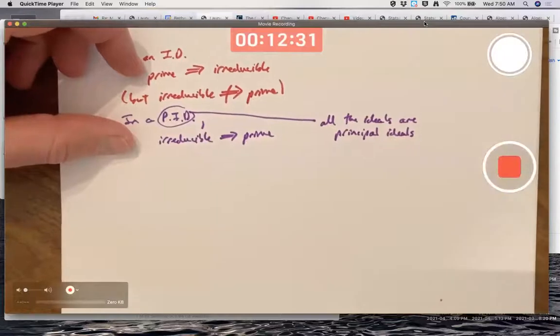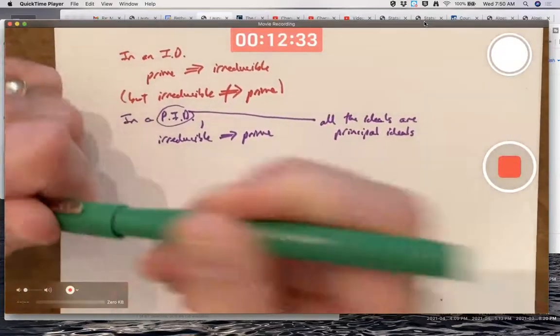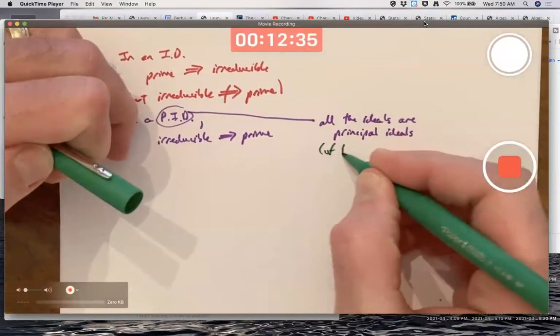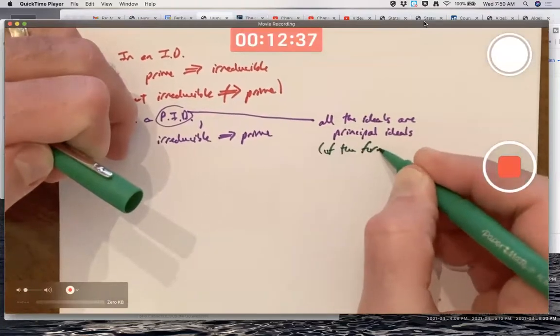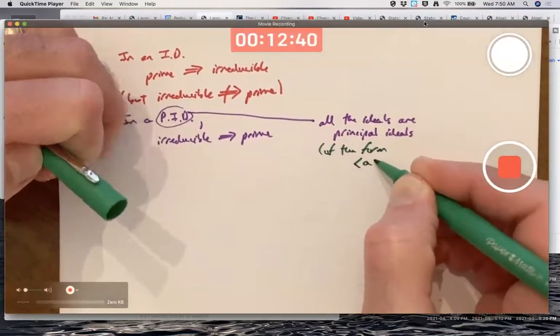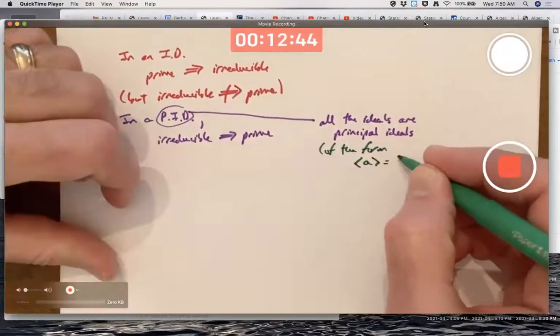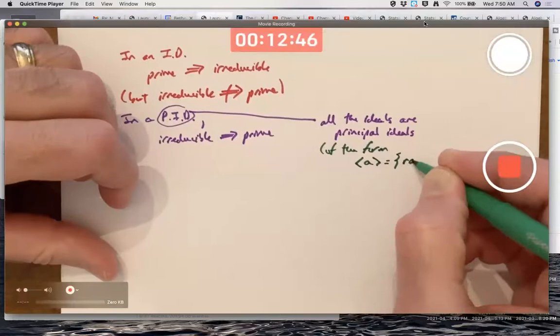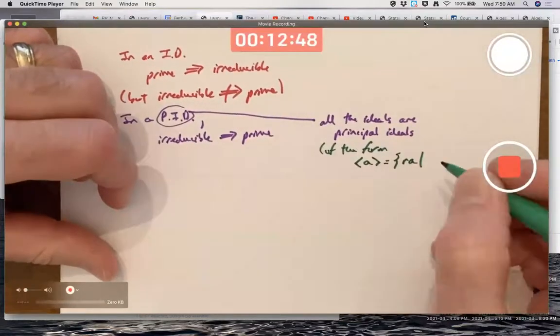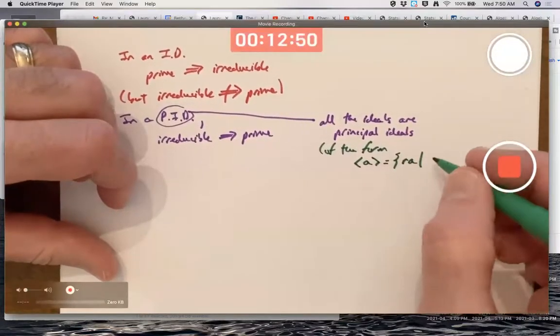They're of the form generated by a single element A, and by definition, this set is the set of all multiples of A as R varies over the ring.